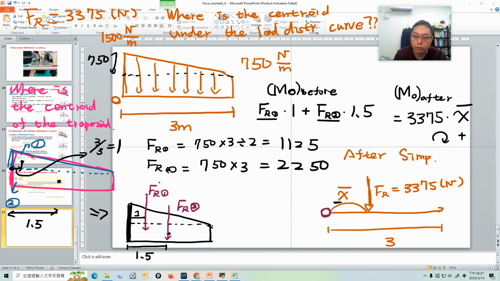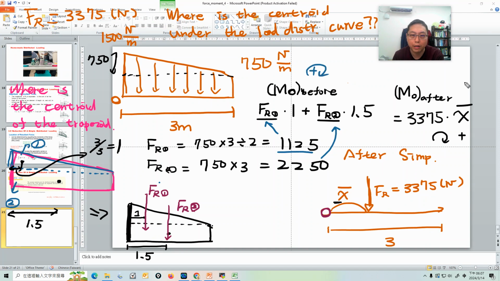Then you can just insert these values into your equation of moment, and then we have everything here. We only have one unknown left. After you insert these values into this equation, I use the same convention, clockwise is positive.